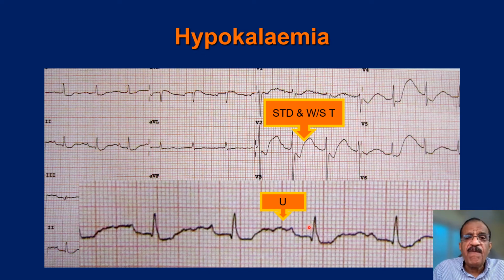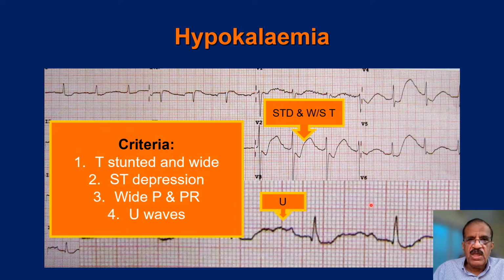These days we have fast machines. An electrolyte test may be available in maybe 30 minutes. So what are the criteria for hypokalemia? T waves are stunted and wide everywhere. ST may be depressed everywhere. Wide P waves and PR intervals, and the presence of U waves.